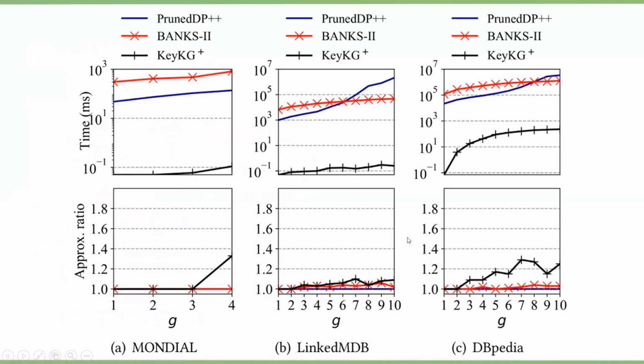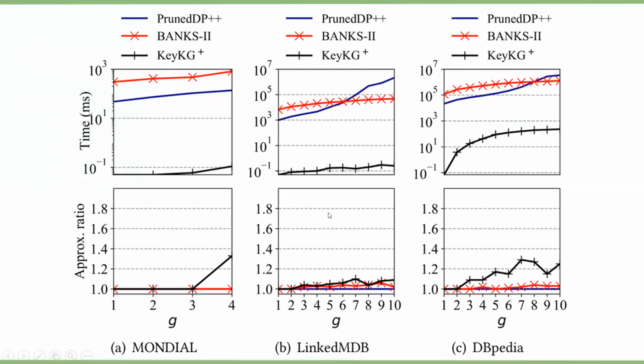We have two baselines. PrunedDP is the state-of-the-art exact algorithm based on A-star search, and we have BANKS-II, a state-of-the-art approximation algorithm based on bi-directional search. When comparing the running time, you can see our KKG plus is much faster, at least 3 orders of magnitude faster than the baselines.